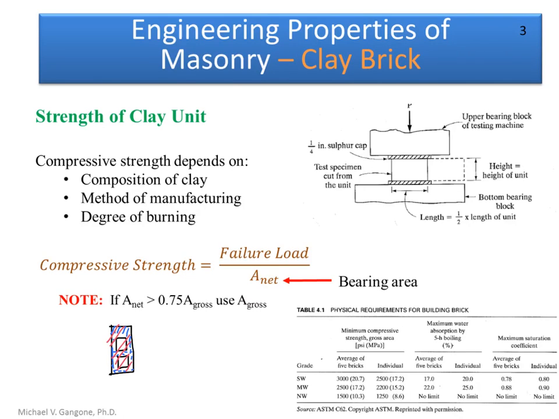If the net area is more than 75% of the gross area, I'm going to use the gross area in this equation. If not, I'm just going to use the net area in blue. This is just something to keep in mind when you're calculating compressive strength.